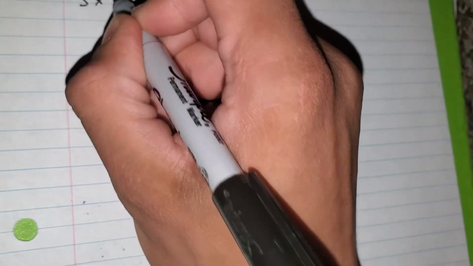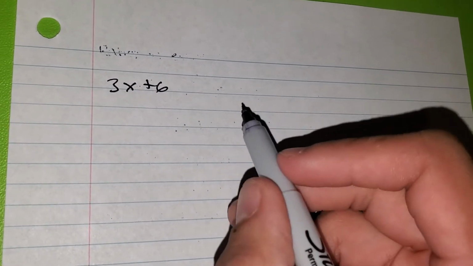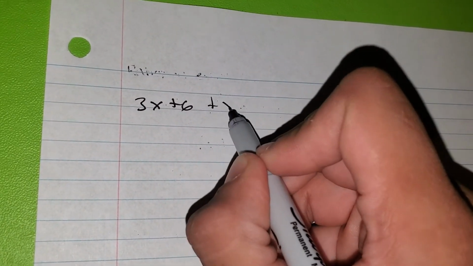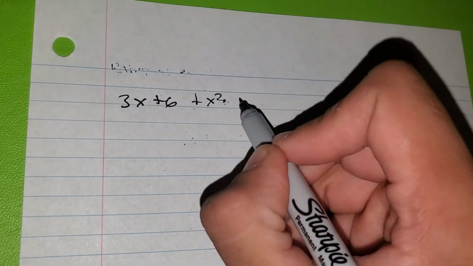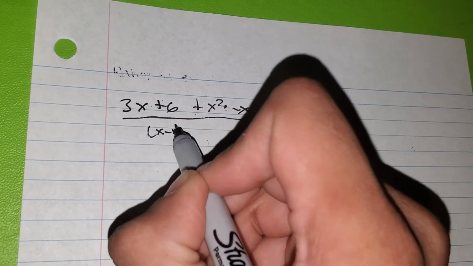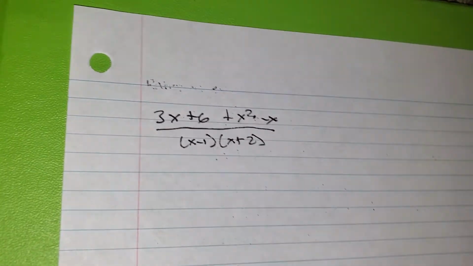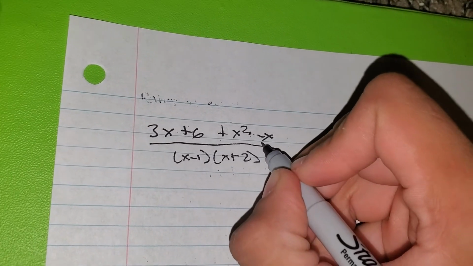So we had 3x plus 6 plus x squared minus x, all over x minus 1, x plus 2. Now we just combine like terms and we're finished.